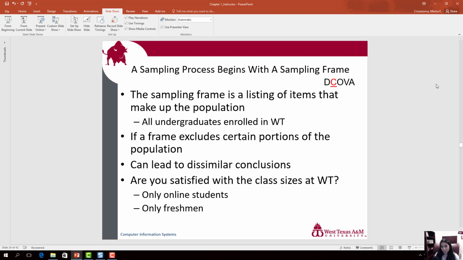If we only ask freshmen if they are satisfied with class sizes at WT, they might say no, they're terrible. However, as these students get into the upper division courses, their class sizes come down to a more reasonable size of 30 to 40. So again, if your sampling frame is excluding portions of the population that you're interested in, then you're going to get a different conclusion.